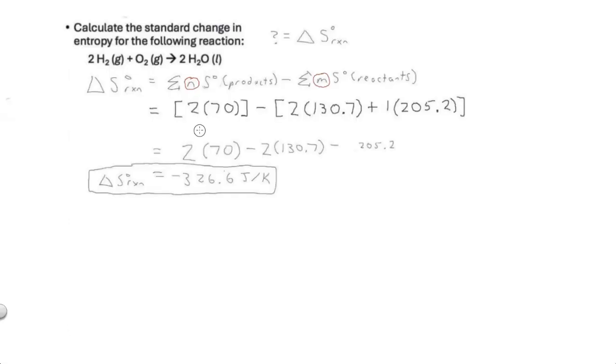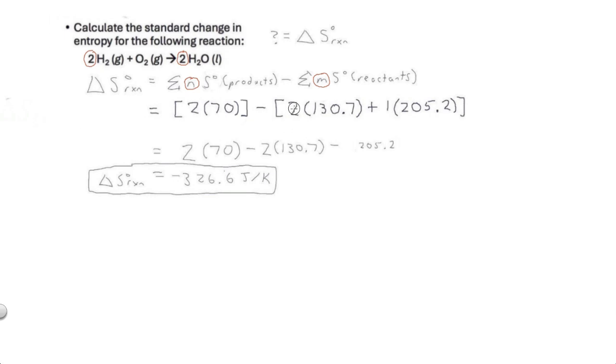Also, let's make sure that you understand what the N and M stand for in this formula. Remember that in this formula, the N and the M stand for the stoichiometric coefficients. And I hope you know that these numbers from the chemical reaction are the stoichiometric coefficients. So this 2 represents the stoichiometric coefficient for the H2O liquid product.